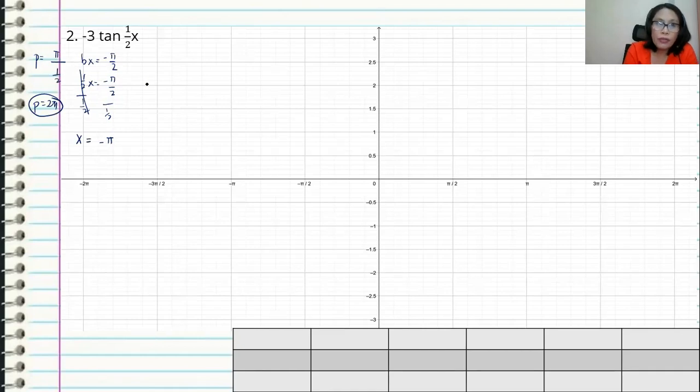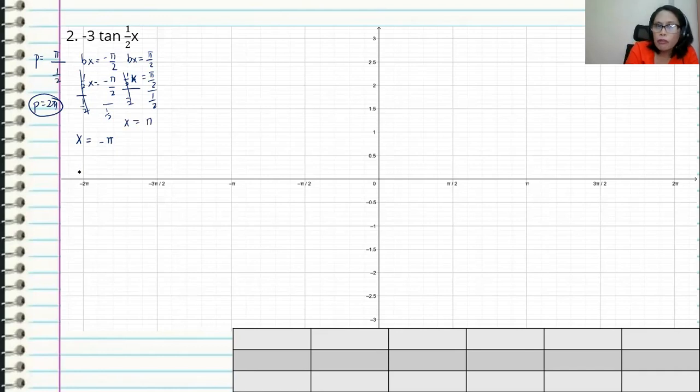And then the other vertical asymptote, we have bx equals pi over 2. So this is 1 half x, sorry, equals pi over 2. So we will divide again both sides by 1 half. So x is now equal to pi.